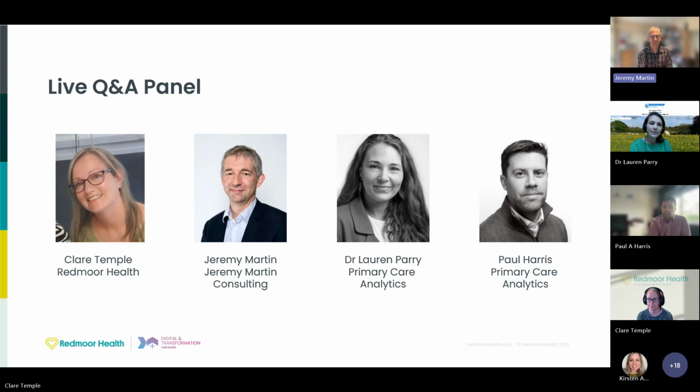One was, apart from the obvious ones around better patient care, to reduce demand on the practice for future GP appointments and out of hours demand. But also admissions to hospitals, because in Cornwall they were being incentivized to reduce hospital admissions, and they were quite successful in doing that.